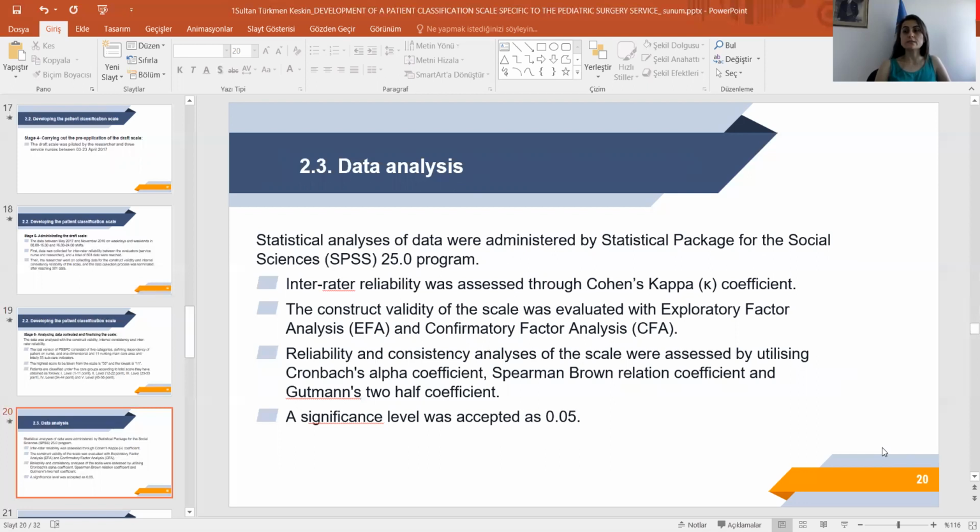The loading cutoff value of each item was 0.30 or higher in EFA. Reliability and consistency analysis of the scale were assessed utilizing Cronbach alpha coefficients, Spearman-Brown coefficients, and Guttman two-half coefficient. A significance level was accepted as 0.05.